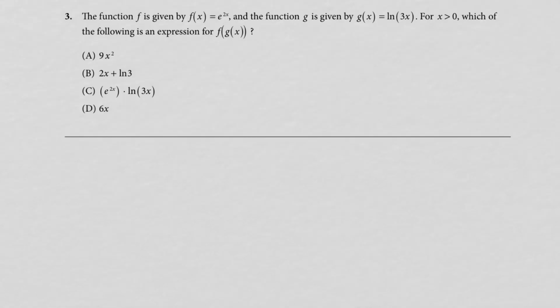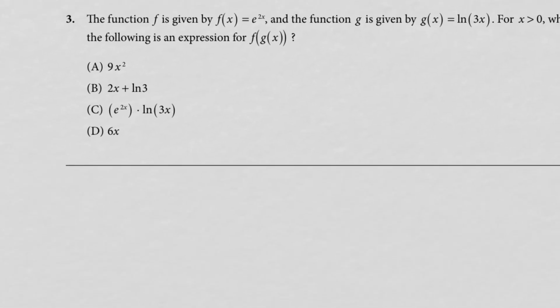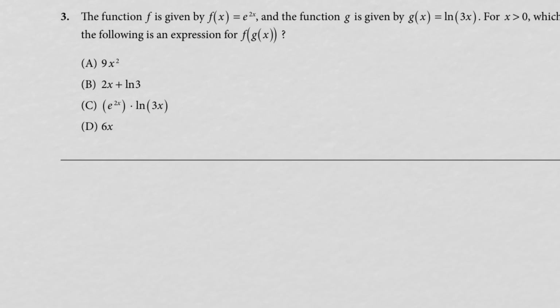Number 3, f of x equals e to the 2x, and g of x is ln 3x. So f of g of x is f of ln 3x, because that's g of x.